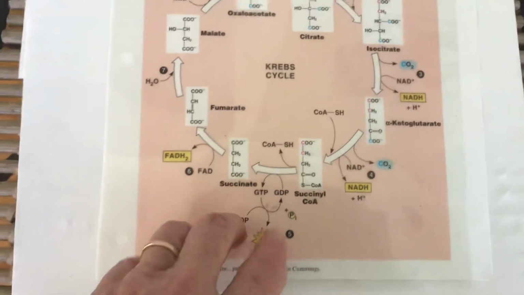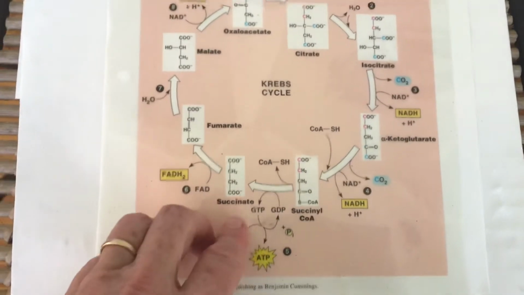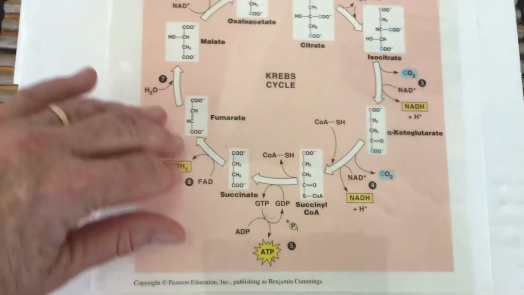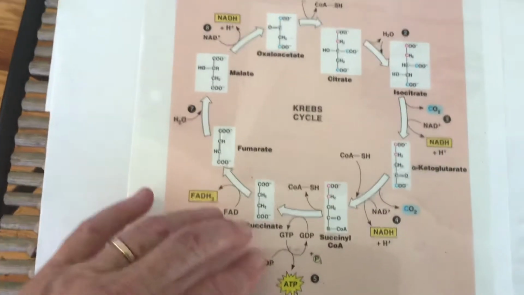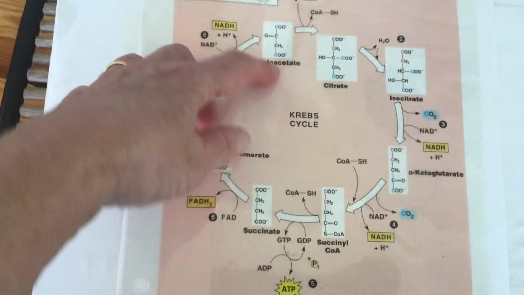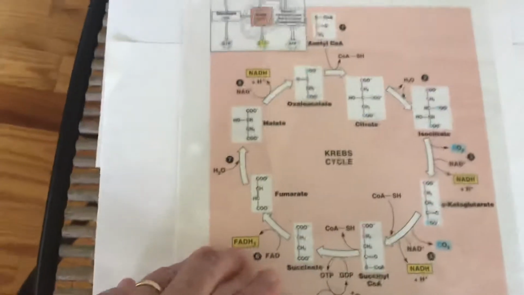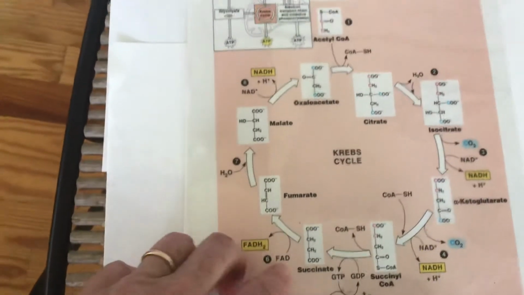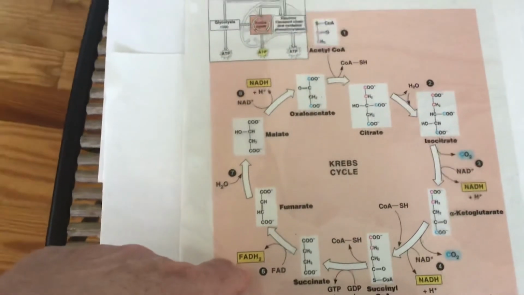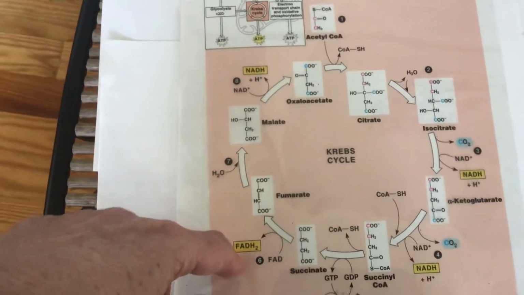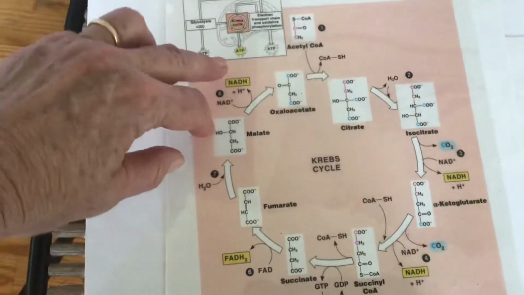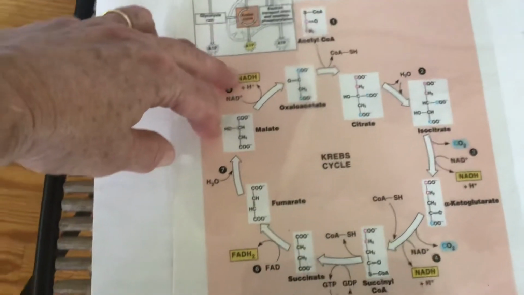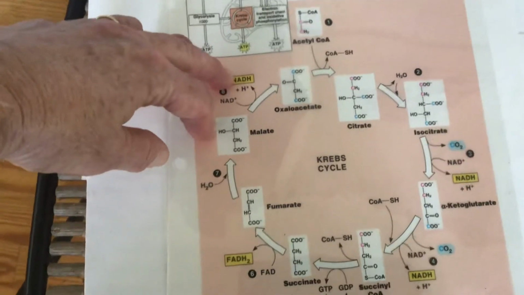Now, this whole part over here is just to regenerate this oxaloacetate, which is the pickup molecule. But notice I also get some more excited electrons. I get FADH2, which is carrying excited electrons, and I get another NADH, which is also carrying excited electrons.